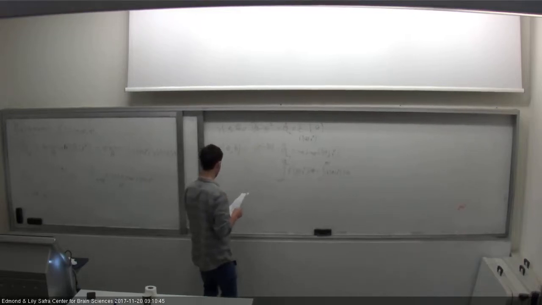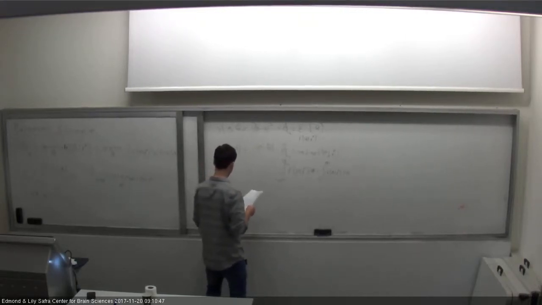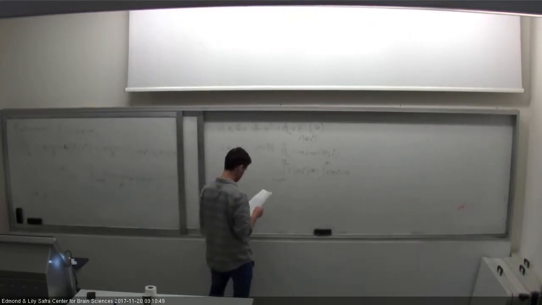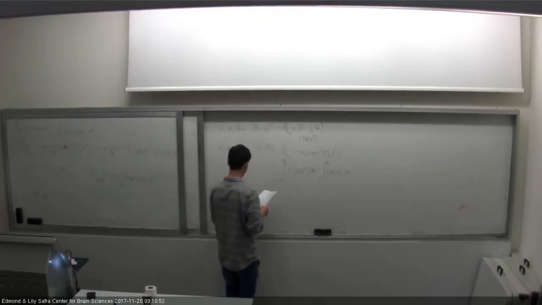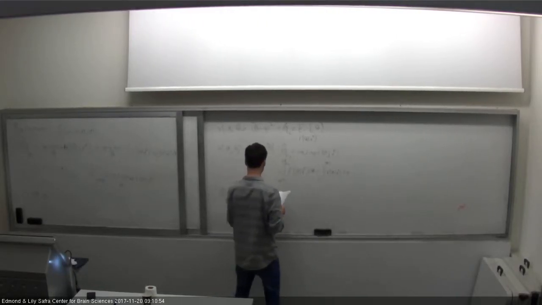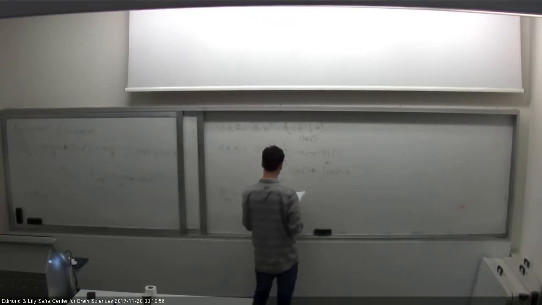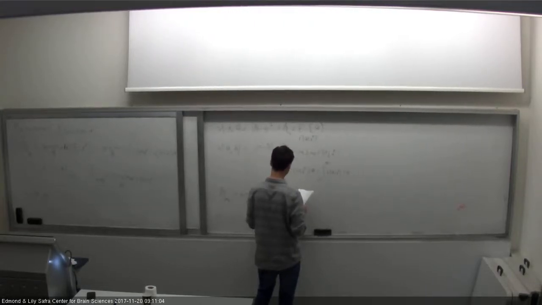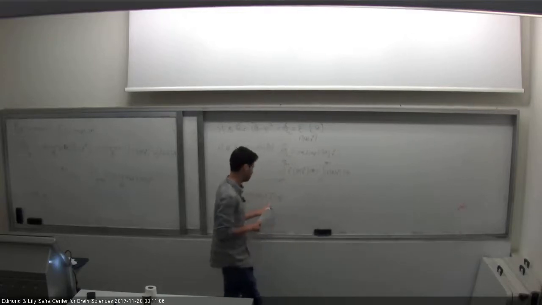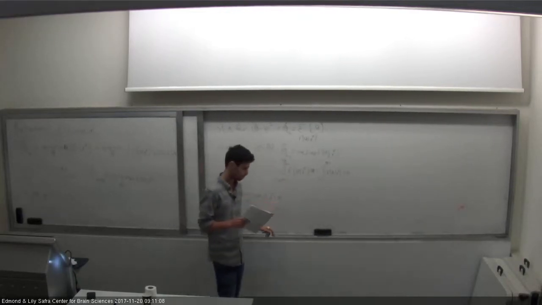So the maximum likelihood is the arg max over theta of the likelihood function, that is f of xn given theta.